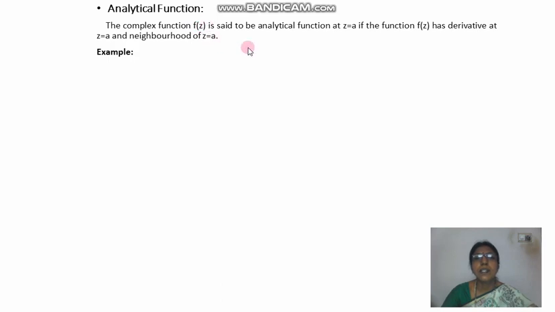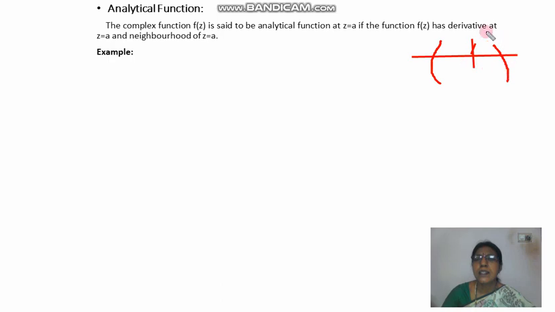Okay, this function is said to be analytic at a point a if the function has a derivative at z is equal to a and in a neighborhood of a. Neighborhood of a means, suppose point a is here, then some place surrounding a.